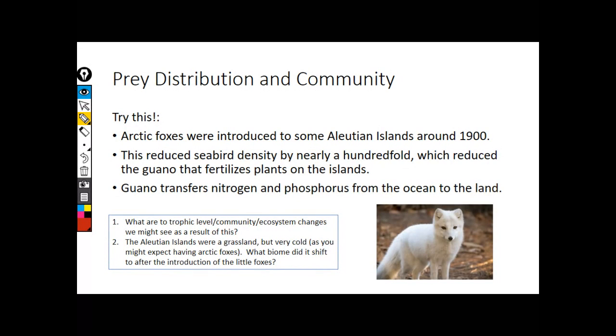What kinds of things did you put under that box? Okay, so potentially we might see fox prey switching. What other kinds of things might we find here?